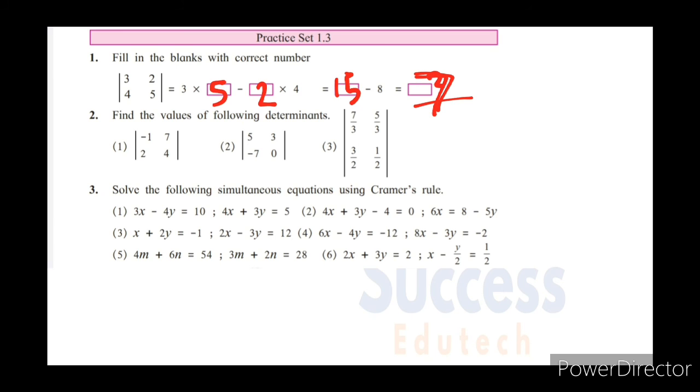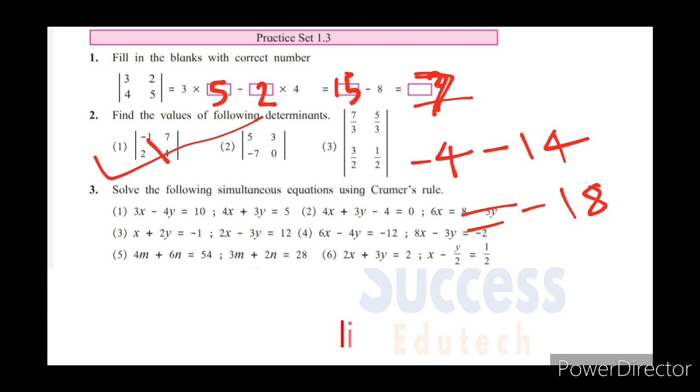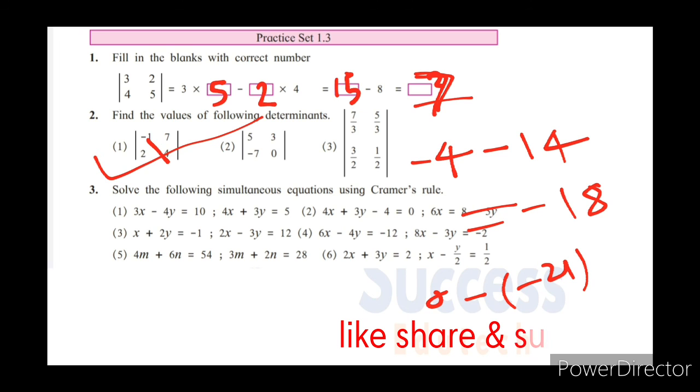Now solve this determinant: 1 into 4 minus 7 into 2, that is 4 minus 14. So we get minus 10 here, for the first example. Now 5 into 0 minus minus 21, so we get 21 here for the second example.